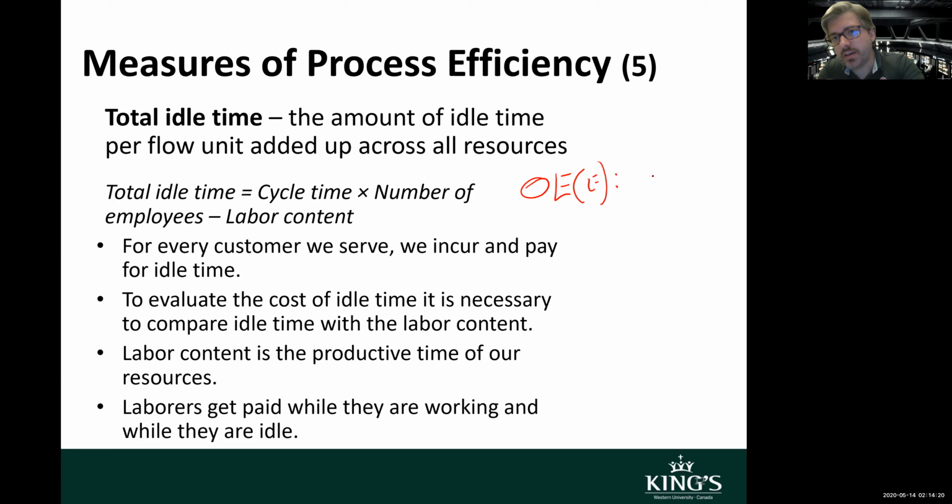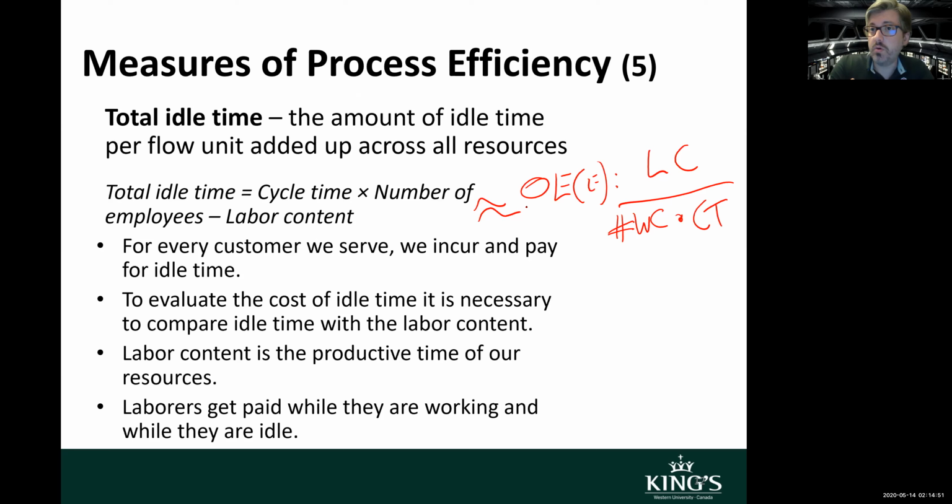Efficiency should be seen as the labor content that you have in a process divided by the number of resources, let me call these work centers or workers that you have in a process, or stages that you have in a process, all of that times your cycle time. So that little equation shows these are very similar. They're tracking roughly the same thing, right? It's just how you want to interpret this.